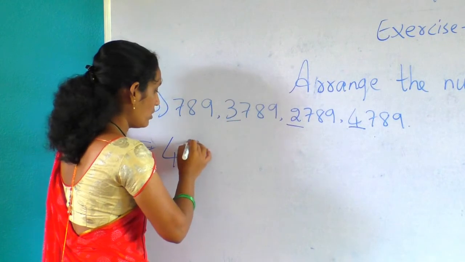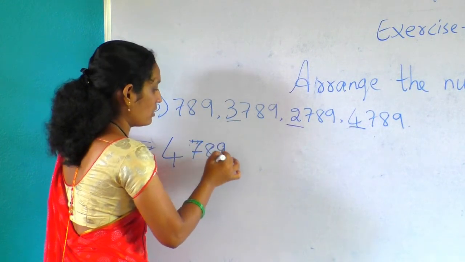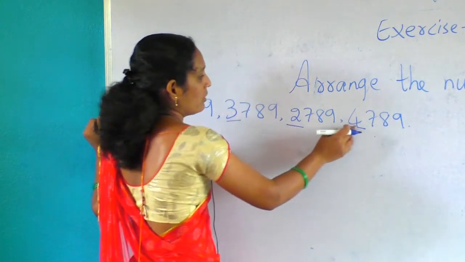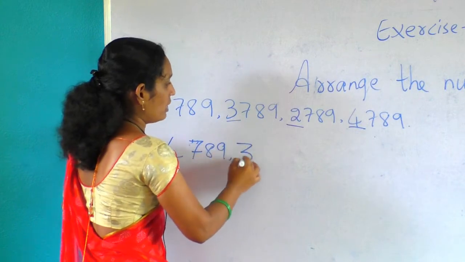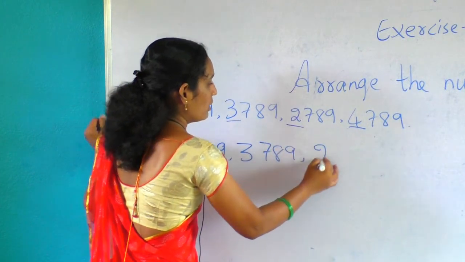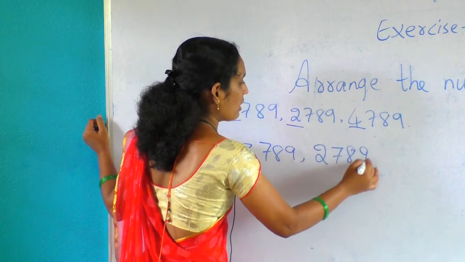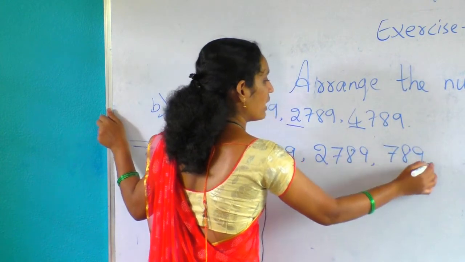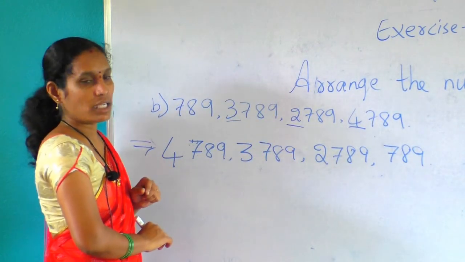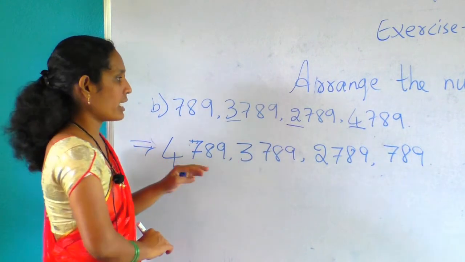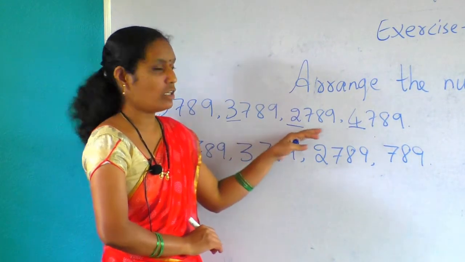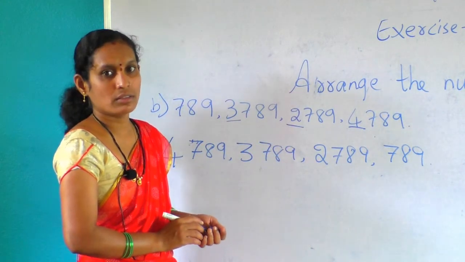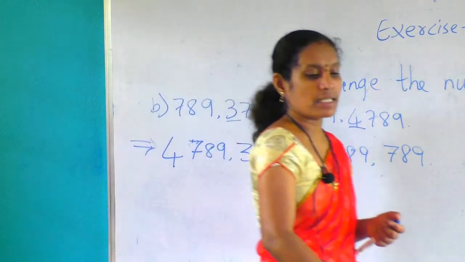So 4789. Bigger to smaller means before we should check. Before that 3789. Next before is 2789. At last it's 789. Understood? 4 before 3, 3 before 2. Means bigger to smaller number I wrote here. Understood? This is about descending order.